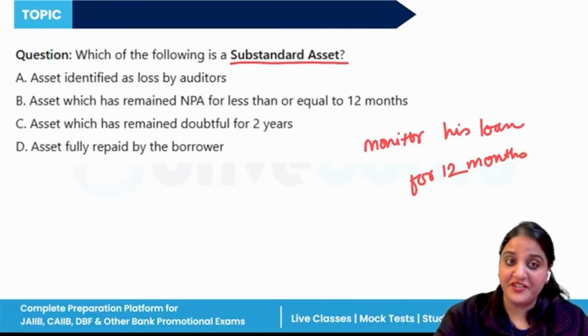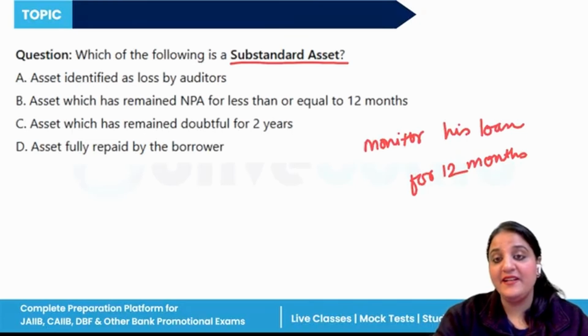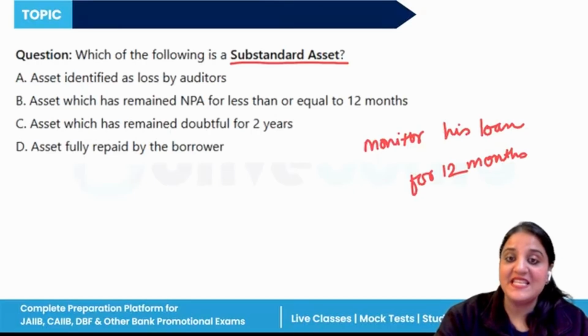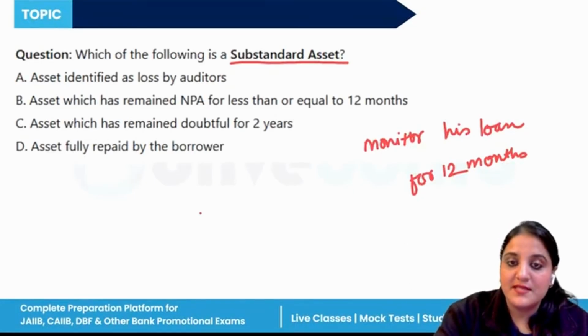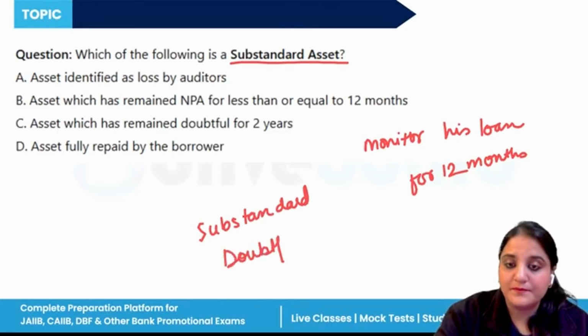After further checks, you find that recovery is doubtful from this loan. Finally, after audit, you realize that the loan may not be recoverable at all. So these stages correspond to substandard, doubtful, loss assets.